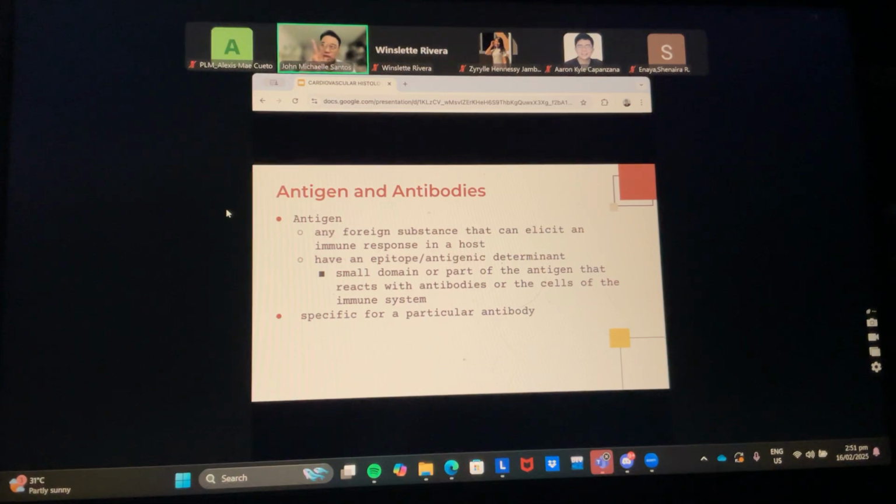Basically, the antigen and the antibody. Two variable regions, this one.